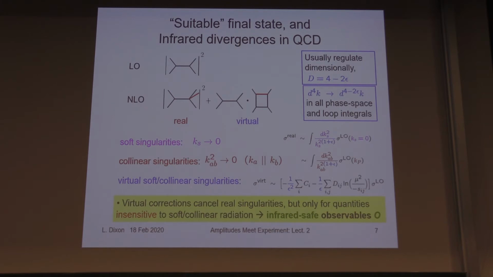And on the virtual side, when you do the virtual integrals, you have very similar expressions appearing. And in fact, there's a general theorem, Kinoshita, Lee, and Nauenberg, that all of these virtual and real corrections should cancel. But in the case of QCD with these mass singularities, you should make sure that your observables are insensitive to both soft and collinear radiation.